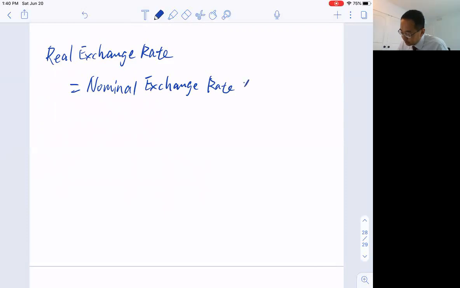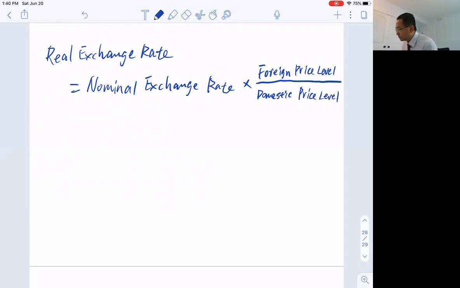Times the foreign price level versus the domestic price level. Okay, so let's look at an example.